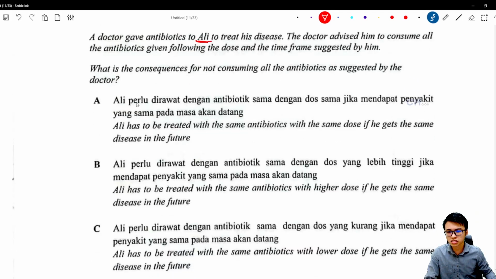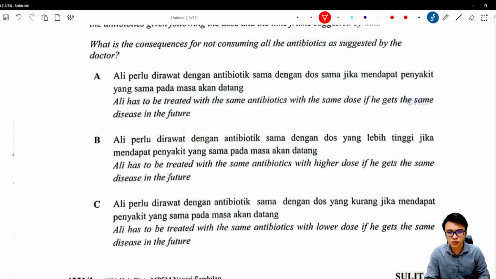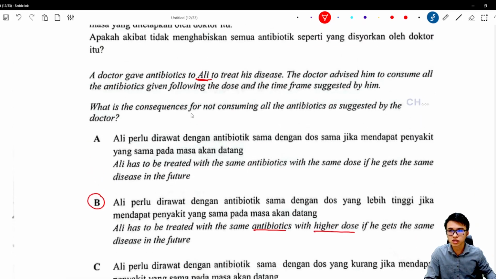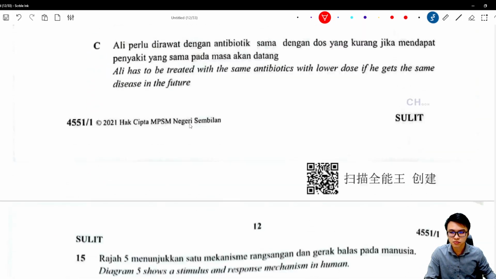So the answer here is that Ali has to be treated with the same antibiotic at a higher dose if he gets the same disease in the future, because the bacteria have become stronger. So the answer for 14 is B.